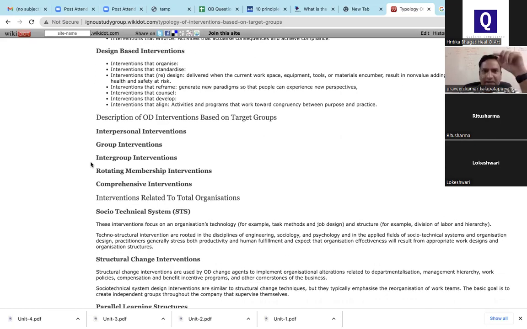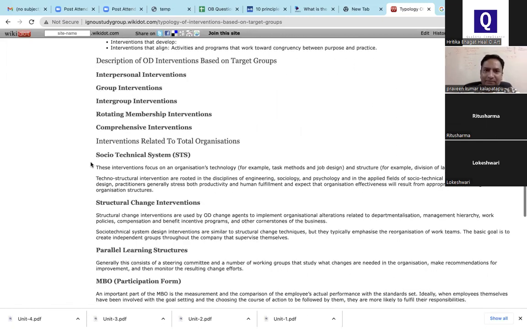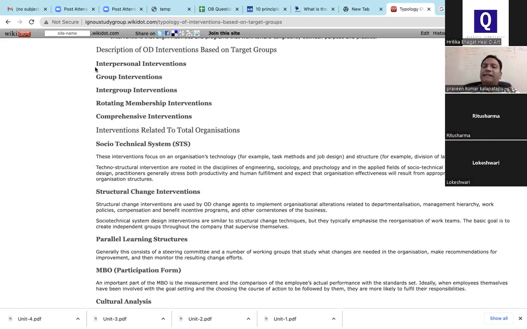interventions themselves. This is based on the people you are targeting. You can imagine it this way: this is another kind of classification. The first was based on the target activity. Now we are talking about the stakeholders it is trying to handle.